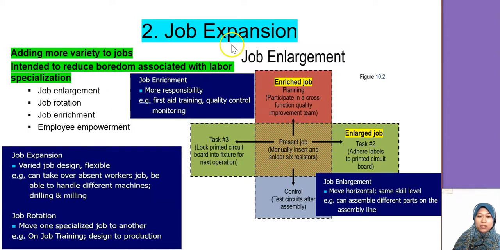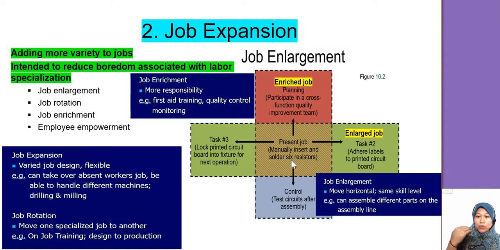These are the present jobs. Enlarging a job means that you move horizontally, so the level of skill is the same, but maybe there is a different task. For example, before this, they insert and solder 6 resistors.